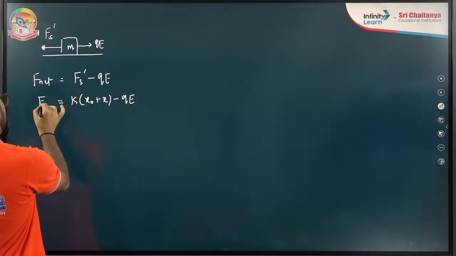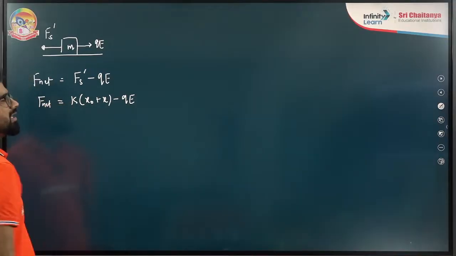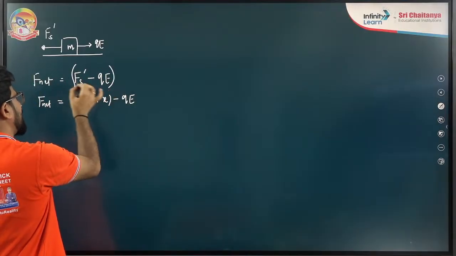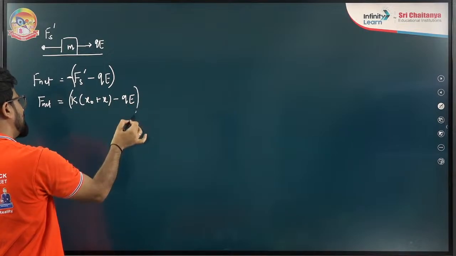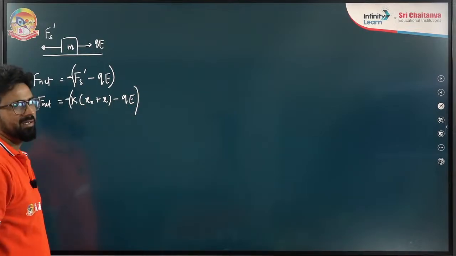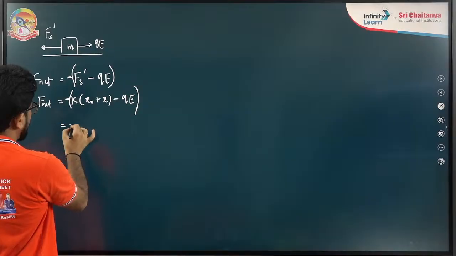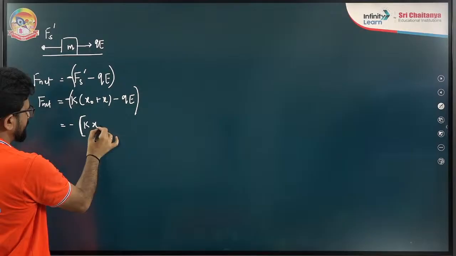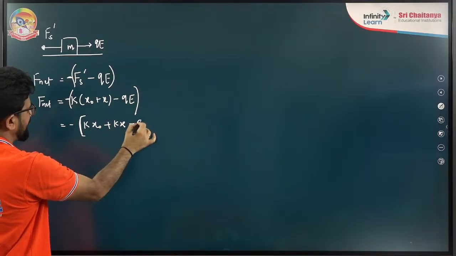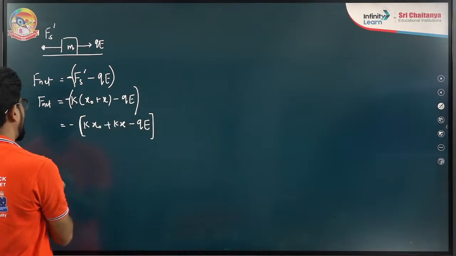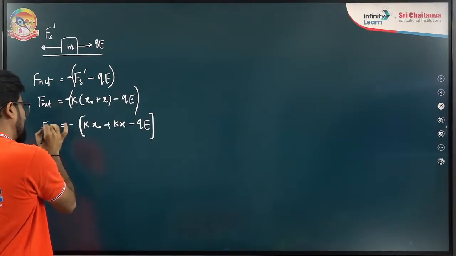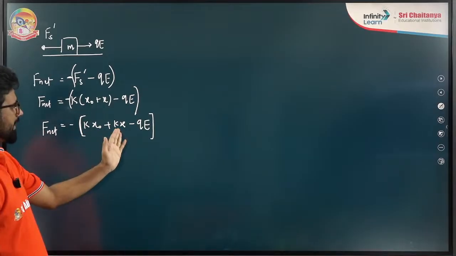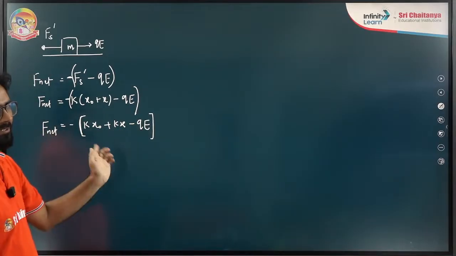This is your net force, and it is a restoring force, so I put a minus sign here. You can write it as minus Kx naught plus Kx minus QE. This line is clear, beta.